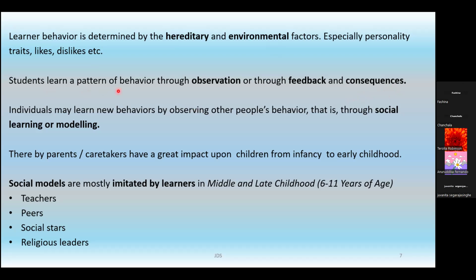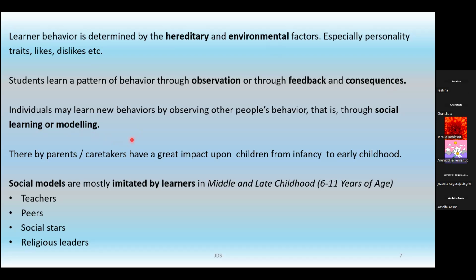So learner behavior, though partially hereditary and environmental, these three are very important. Observing, and in order to observe, there should be a role model, social learning or modeling. Role models should be available. Apart from that, advice, guidance, and also the consequences can shape the behavioral pattern.